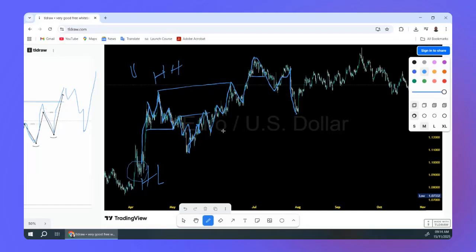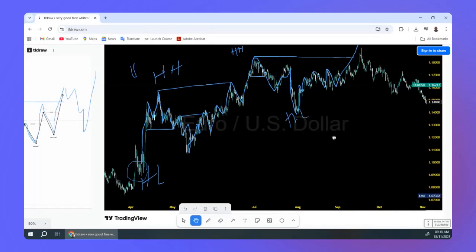We see the market making a change of character and continuing to break structures until it takes out this previous high point. And this was a high, we could label this one as a high low point.